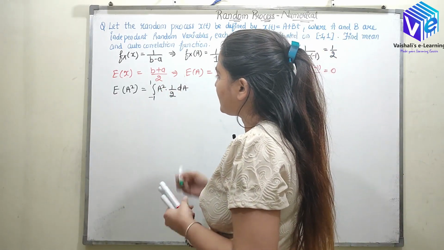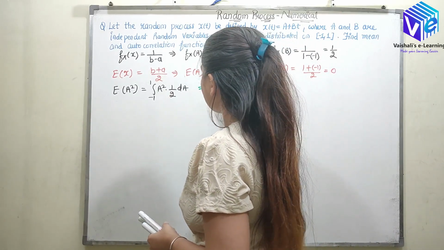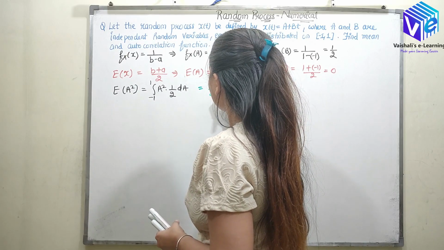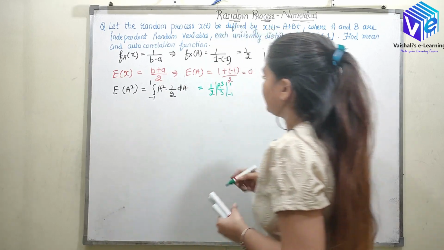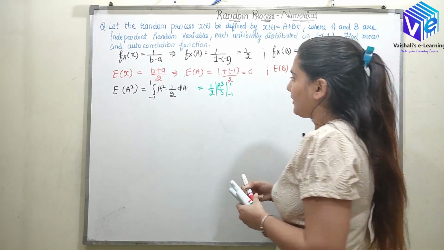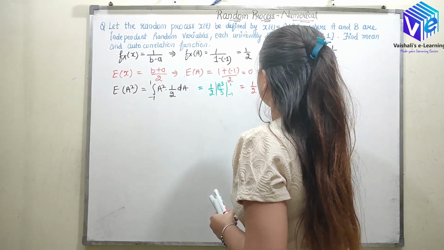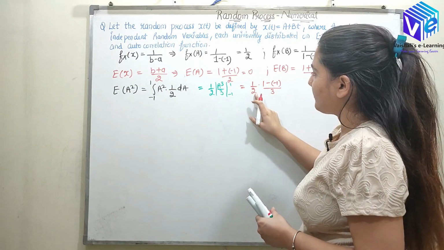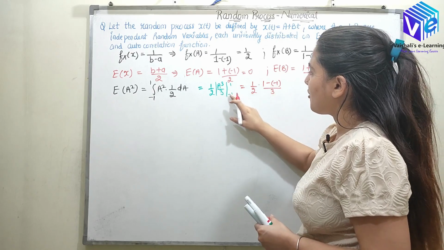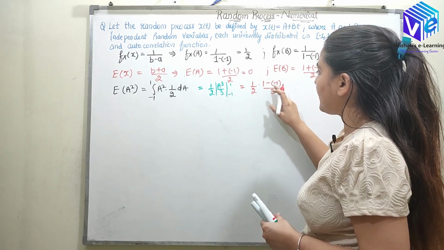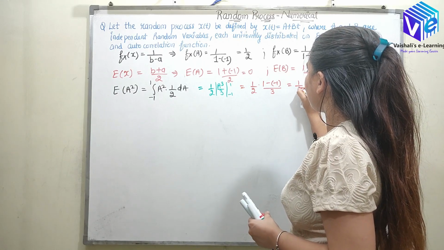Now I just need to integrate it. This is a really simple integration. Here I'll have 1/2 times A cubed upon 3, from -1 to 1. The 1/2 remains the same. A cubed of 1 is 1 and A cubed of -1 is -1, so (1 - (-1))/3.